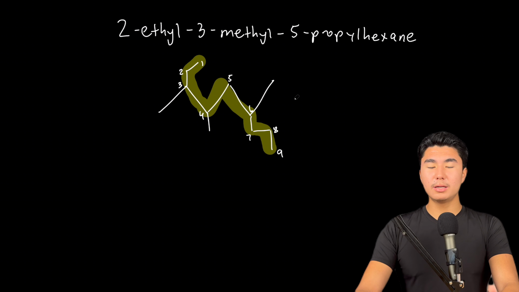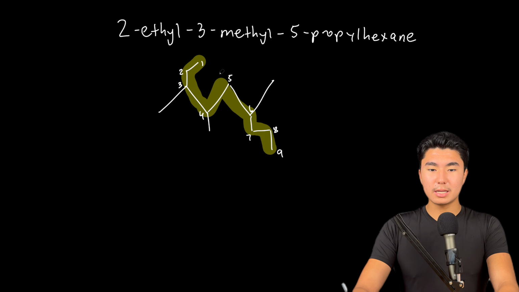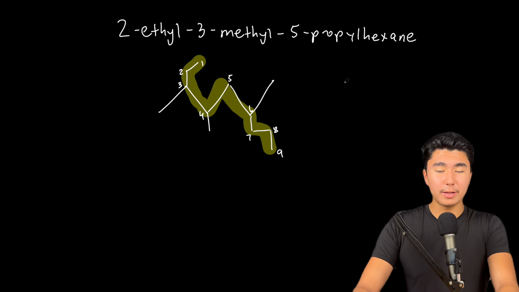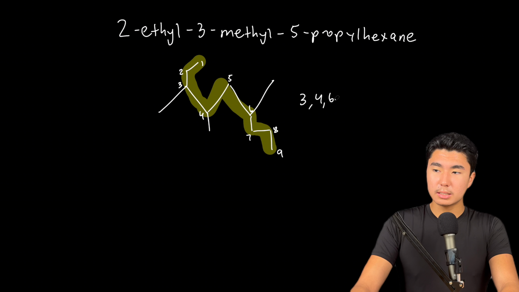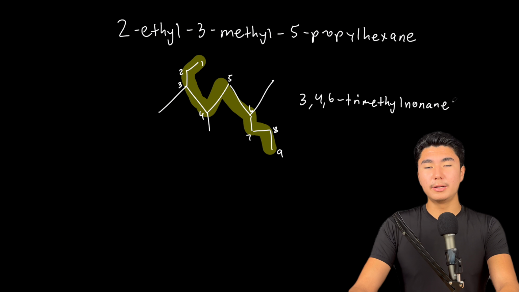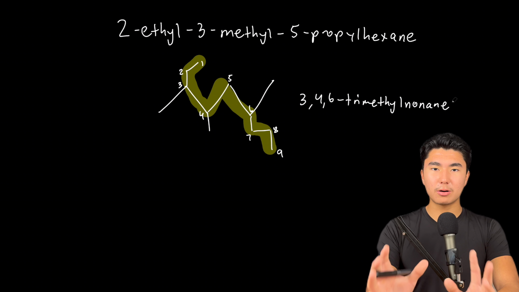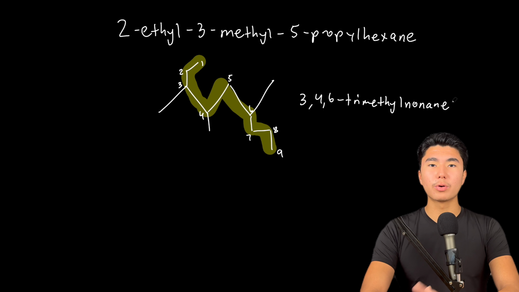So this is going to be 9 carbons, and at our third carbon we have a methyl, fourth we have a methyl, sixth we have a methyl. So this is going to turn into 3, 4, 6 trimethyl because we have 3 methyl groups, and nonane. So 3, 4, 6 trimethyl nonane, and that is our correct naming for this organic molecule.